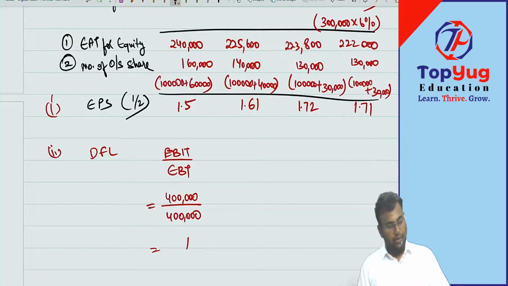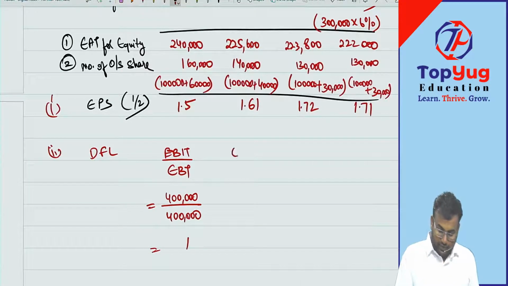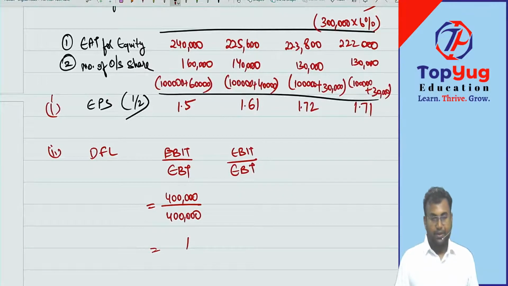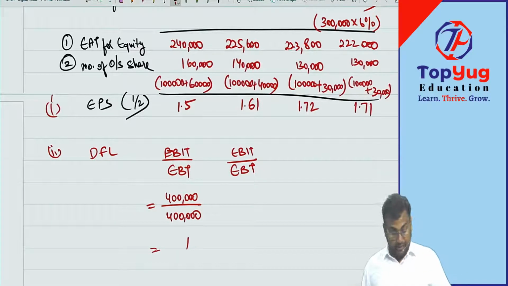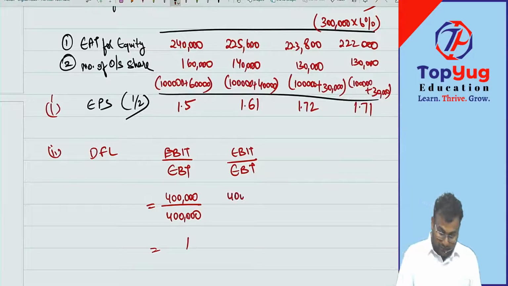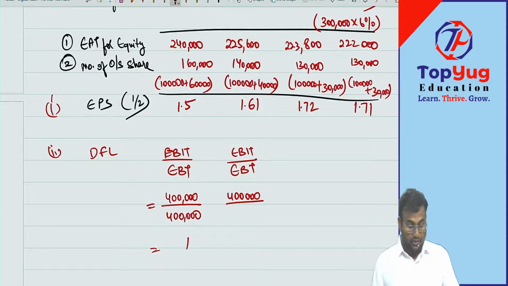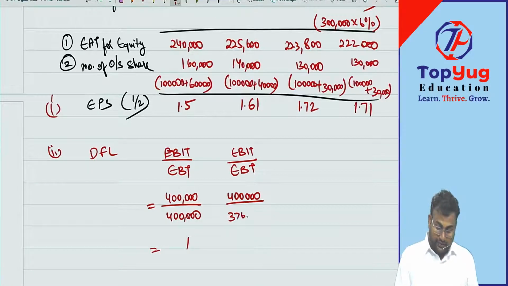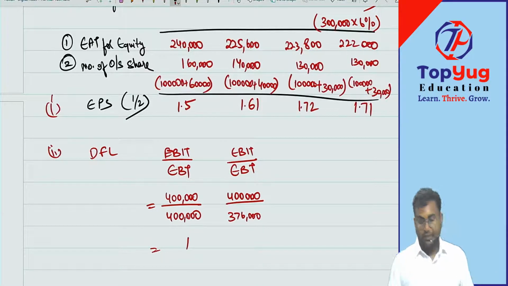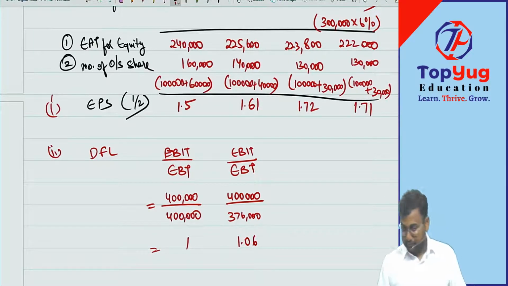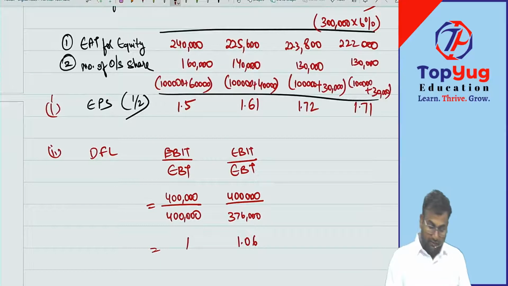One. Second one. Is there any change? It has to be same, EBIT by EBT. So that is 4 lakh divided by 3,76,000. How much is that? Again, fourth one.